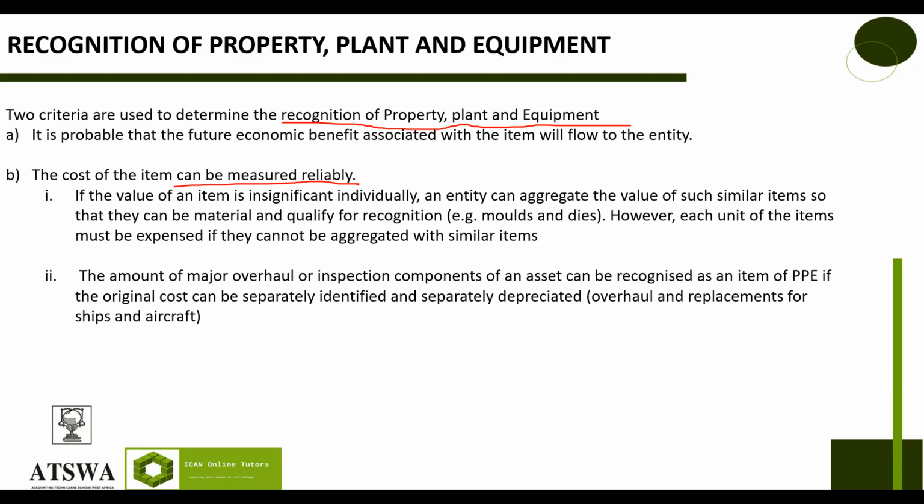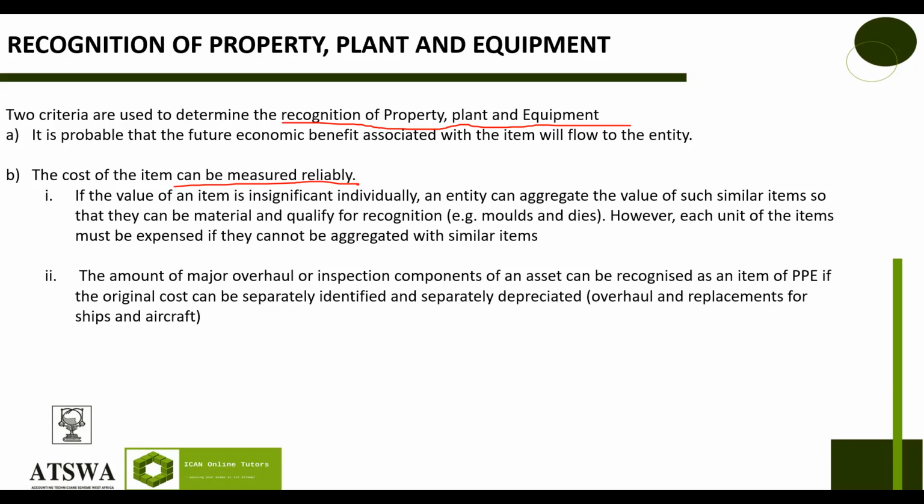However, each unit of the items must be expensed if they cannot be aggregated with similar items. If you see that this particular item, though it will take me more than 1 year to use, I can't pack it with similar items, do you understand? Just expense it off because they are immaterial.